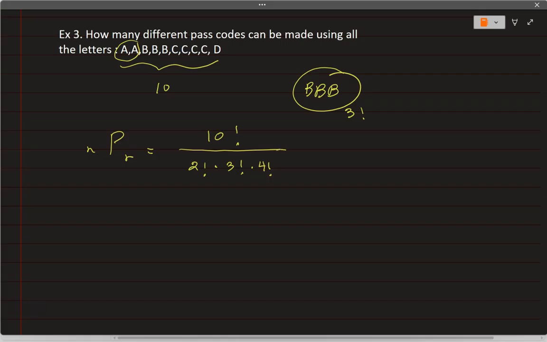And D, which is 1, we don't have to write down. This is your answer, and you can get the final answer by punching it in a calculator. I got 12,600 different passcodes we can make out of the 10 letters.